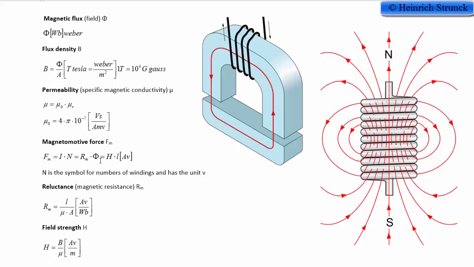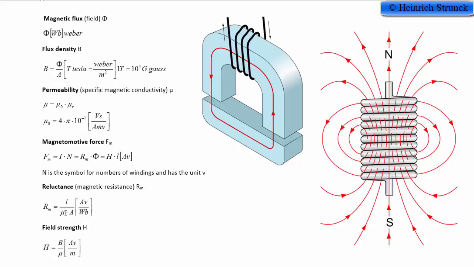We can also use this one, Rm multiplied by phi, and phi was the magnetic flux. Rm, we can see it down here, is the reluctance or the magnetic resistance, and up here it is the magnetic resistance in the iron core. And as we know from the resistor, for example for a wire, we can calculate the resistance depending on the length divided by the cross section area, or just area.